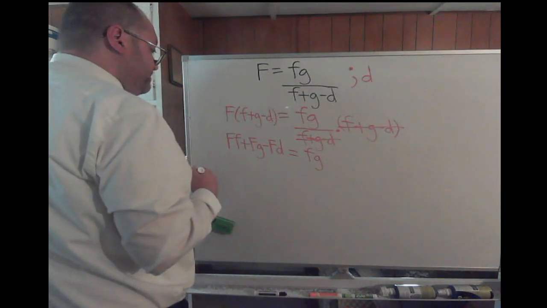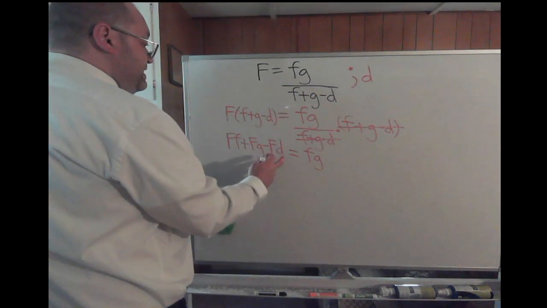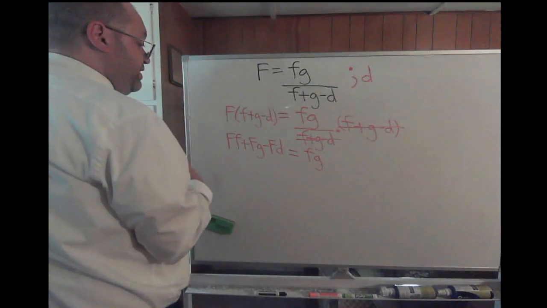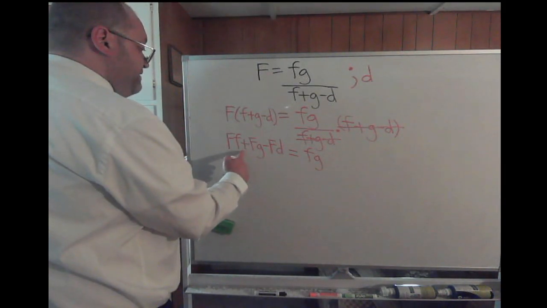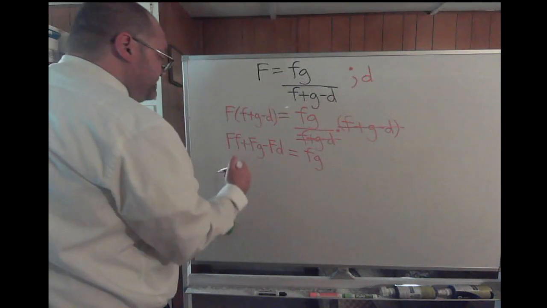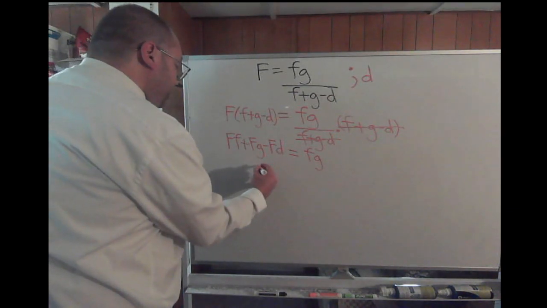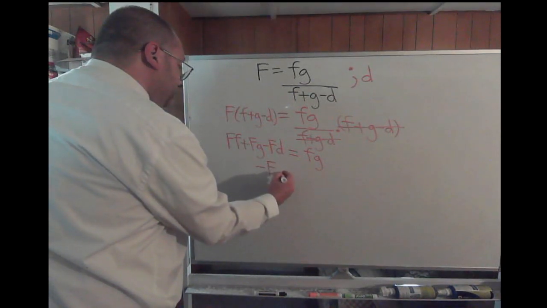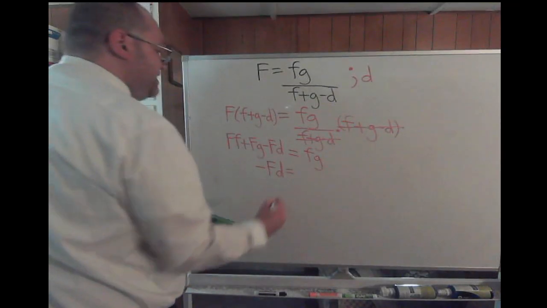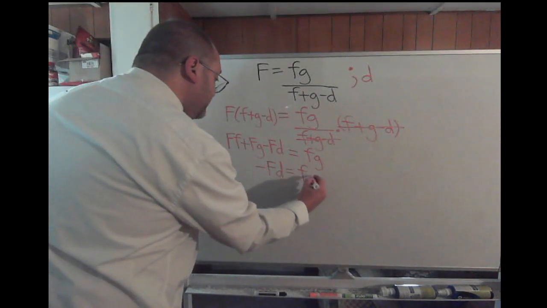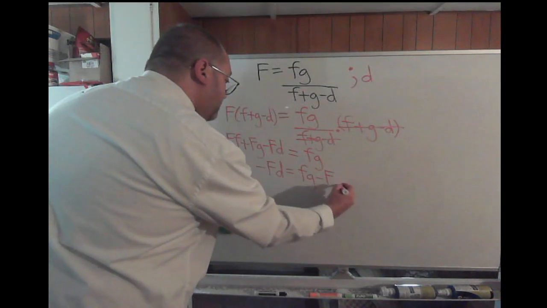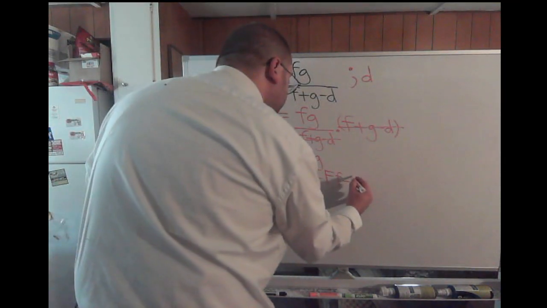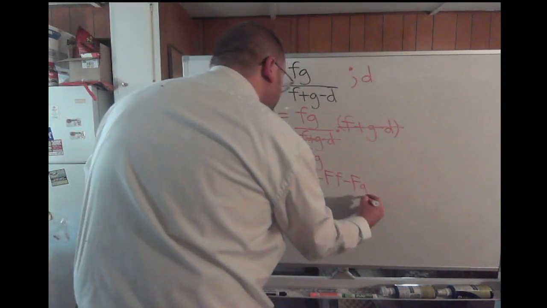Now, we want to get that negative FD by itself, right? What you'll want to do is subtract FF and FG from the left side. So we do that, you'll get negative FD. What you do to the left side, you've got to do to the right. You would get lowercase fg minus uppercase F lowercase f minus uppercase F lowercase g.